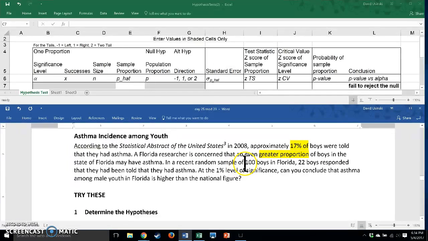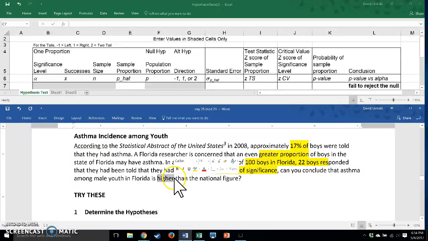In a recent sample of 100 boys, 22 responded that they had been told that they had asthma. At the 1% level of significance, can you conclude that the asthma among male youth in Florida is higher than the national figure?